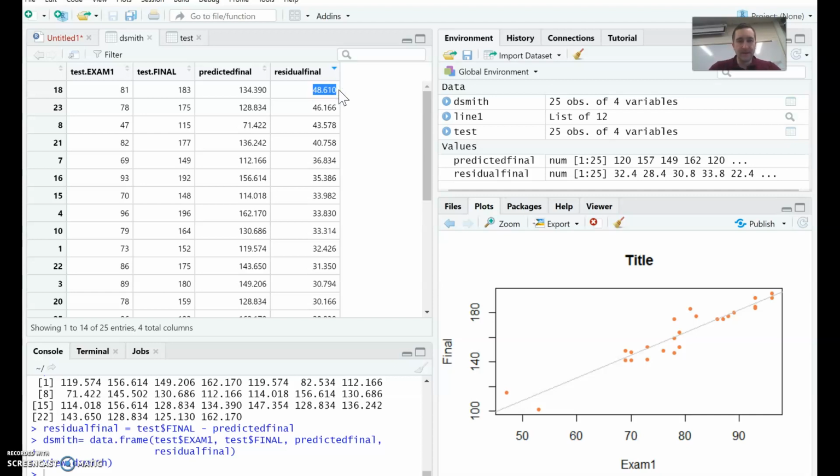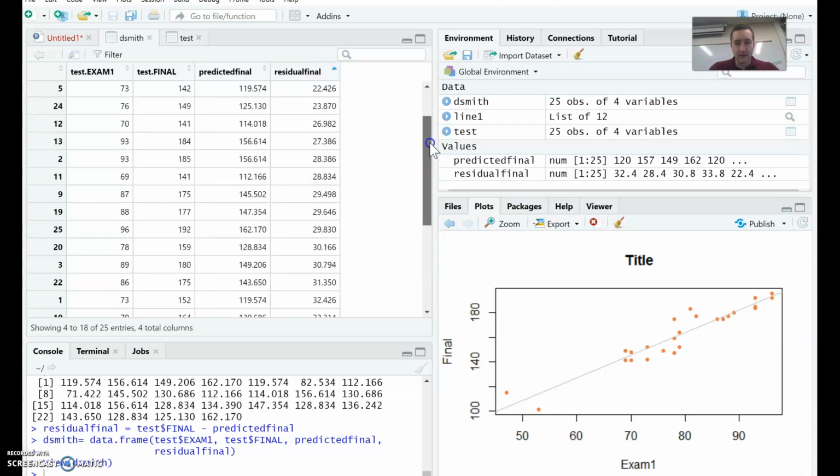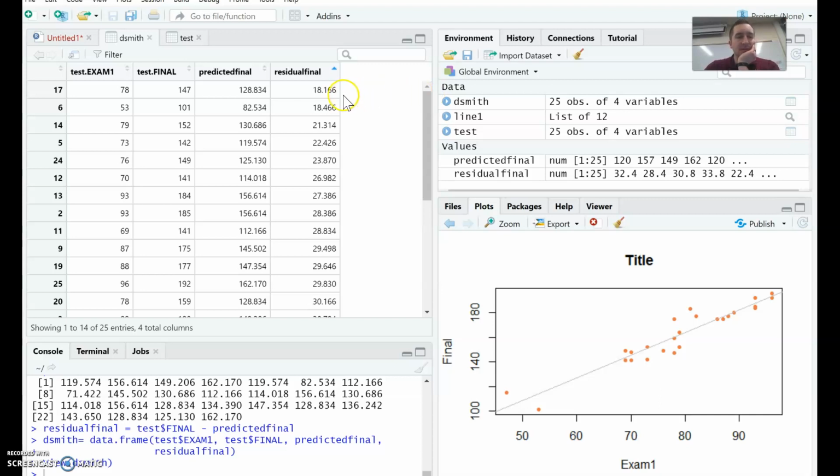Okay, who had the worst? Interesting. Did I do something wrong? Final exam score 101, predicted final. Actual test minus, no, that's positive, yeah.